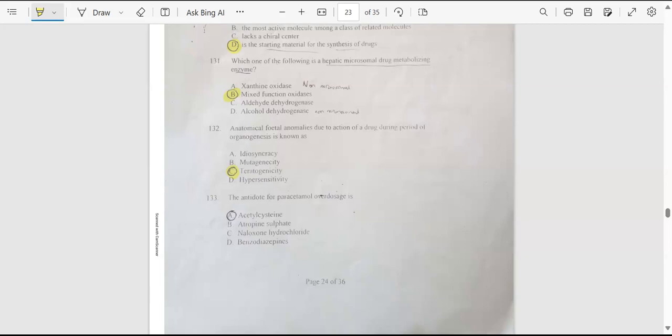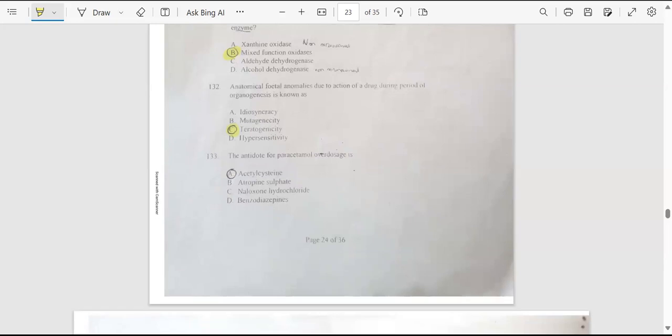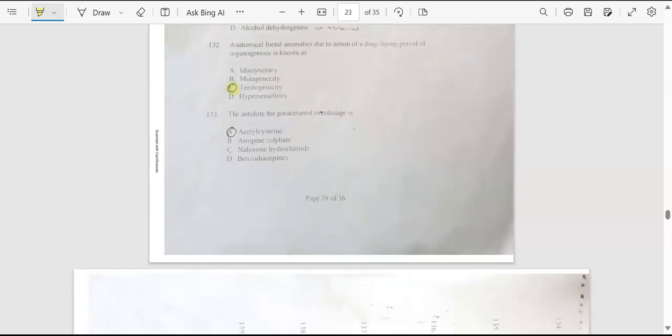It is an unusual, rare, unexpected reaction. Unexpected drug reactions.